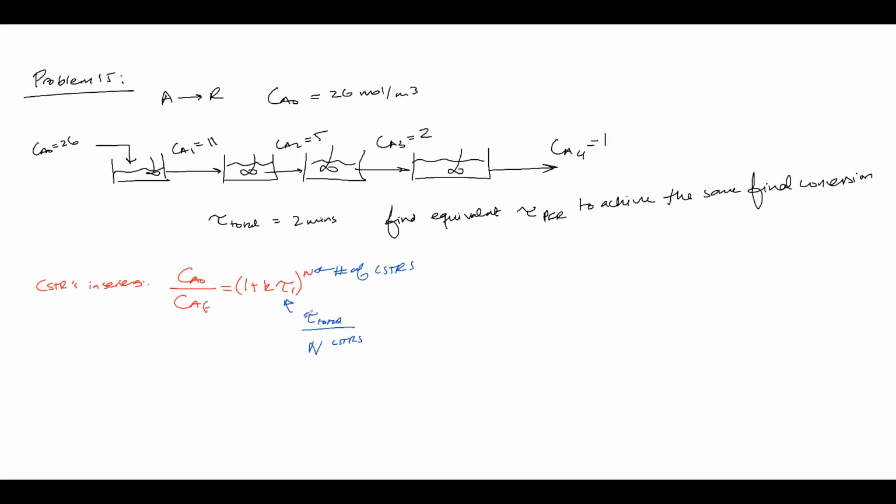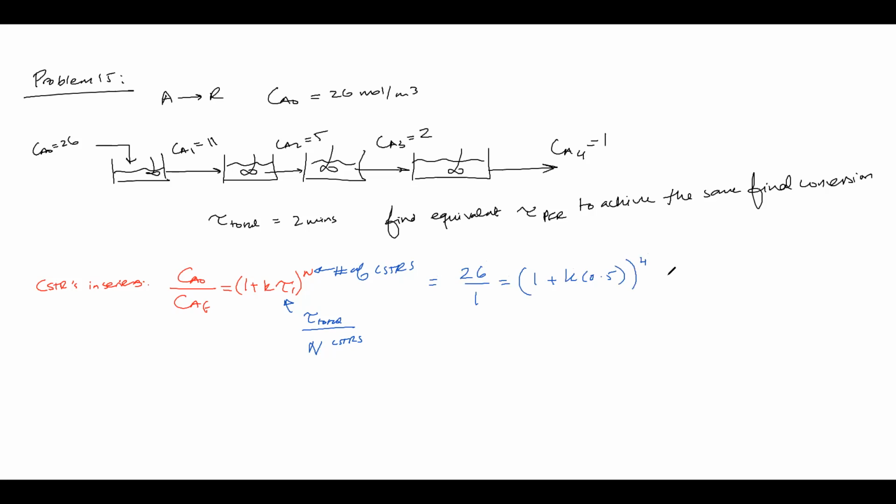Go read your slides, there are a couple of slides after each other describing this system of equations. So tau i will be 2 minutes divided by 4 CSTRs, so it's going to be half a minute. If I plug in all my numbers, I'm going to get Ca naught is 26, Ca final is 1, is equal to 1 plus K multiplied by 0.5 to the n, which is the number of CSTRs.